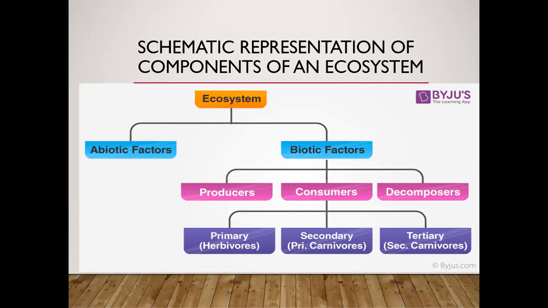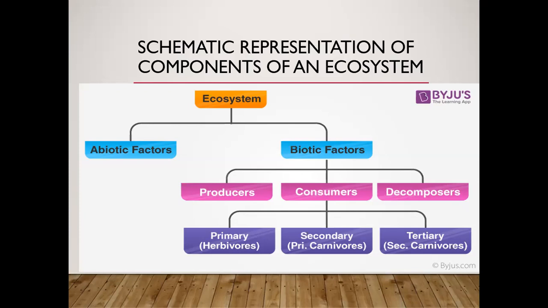I'm talking generally about components of an ecosystem. Now we have non-living components. I have given examples like temperature, rainfall, sunlight, and others. Then we have biotic components, which are producers, consumers, and decomposers.